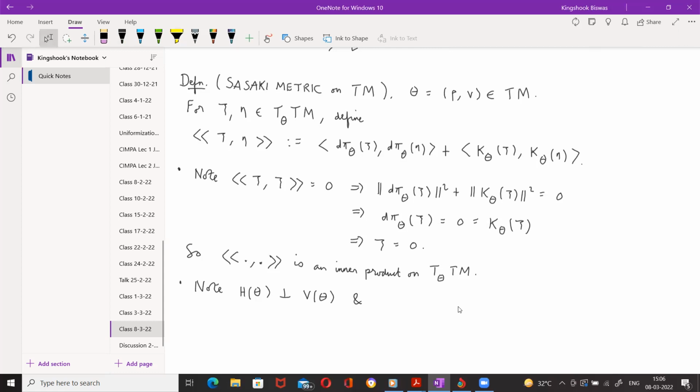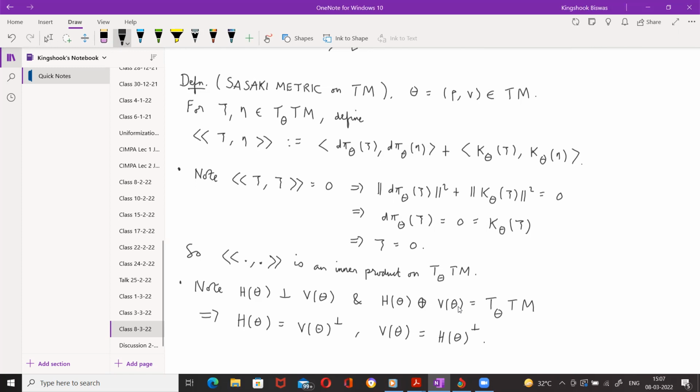and h theta direct sum v theta is equal to T theta TM. This implies that these must be orthogonal complements of each other, right? So this implies that h theta is equal to v theta perp and v theta is equal to h theta perp.